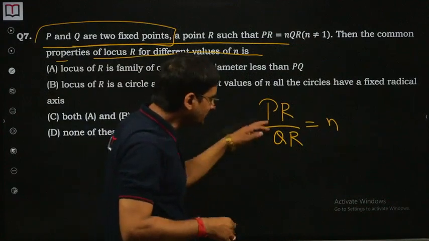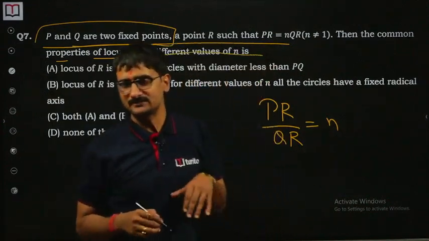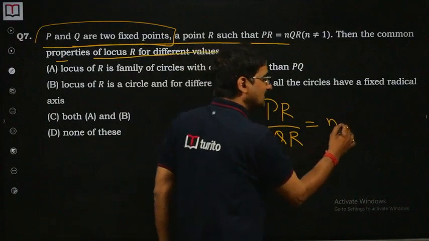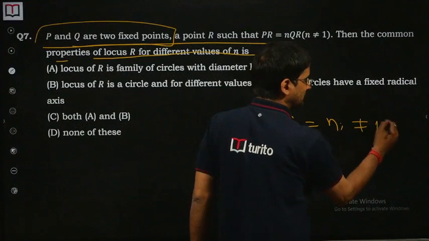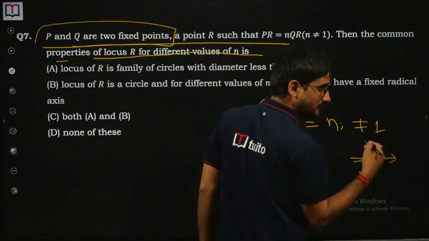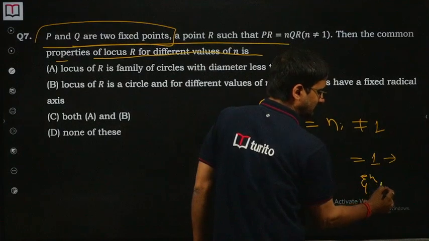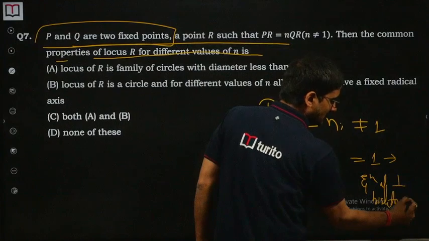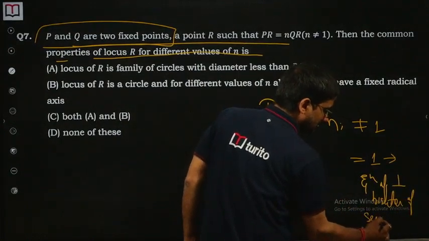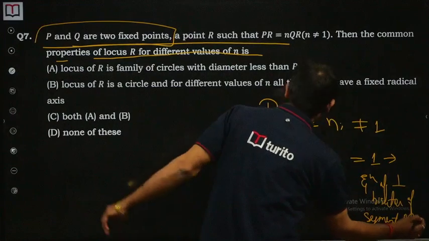Okay, and the ratio of the distance of R from two fixed points is a constant, and that constant, of course, since it is a ratio of distances, has to be positive, and is not equal to 1, because if it is equal to 1, then we get, if you remember, the equation of the perpendicular bisector of segment PQ. Why so?